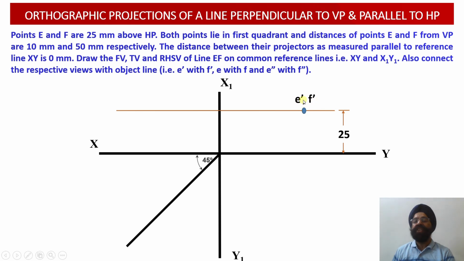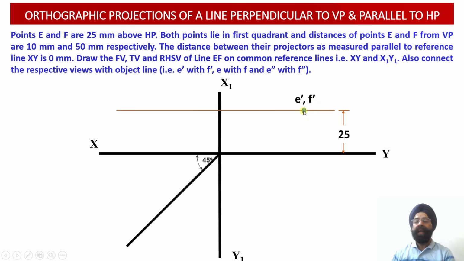There is zero distance between the vertical projector line giving the projection of point E and the vertical projector line giving the projection of point F. So E dash and F dash points will be coinciding with each other.